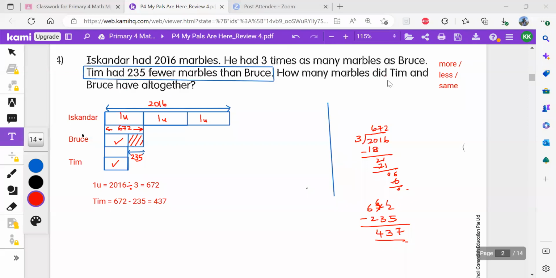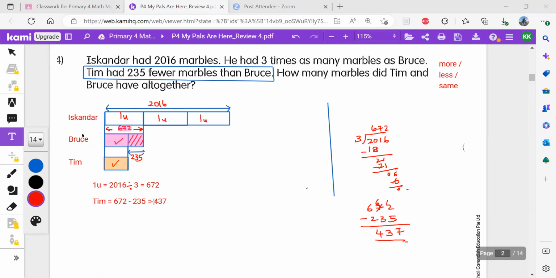How many marbles did Tim and Bruce have all together? If I know Tim is 437, Bruce is 672, right? Because Bruce is this part here. This is Bruce. And this is Bruce, which is equal to 672, right? And this is the Tim.